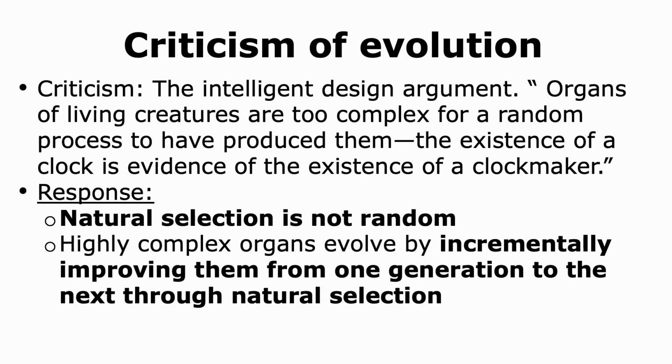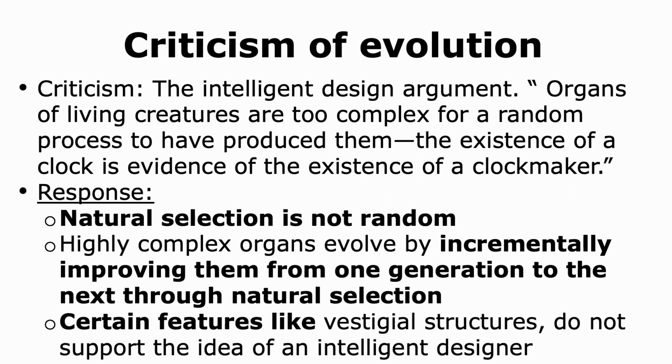Highly complex organisms were able to evolve because there were generations of small changes that were made through the process of natural selection. The presence of certain features like vestigial organs do not support the idea of an intelligent designer, and hence it is hard to gather evidence that supports the intelligent design argument.